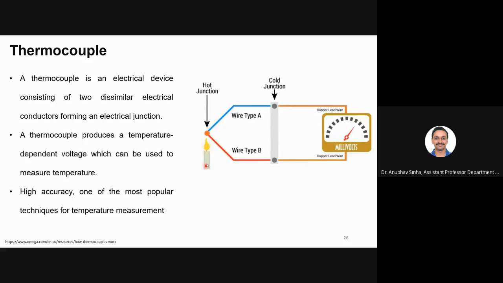Once it is subjected to high temperature or low temperature, it gives different voltages. That voltage can be used to measure the temperature, and this is a highly accurate technique, one of the most popular techniques for temperature measurement. Actually, I am also buying some thermocouples. Once you join, I can show you how it looks.